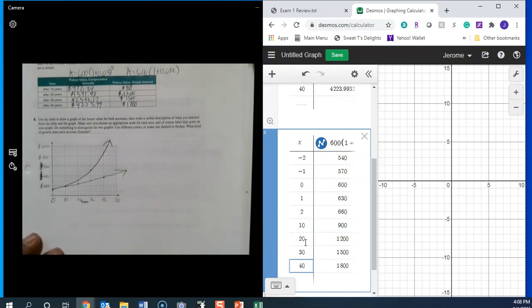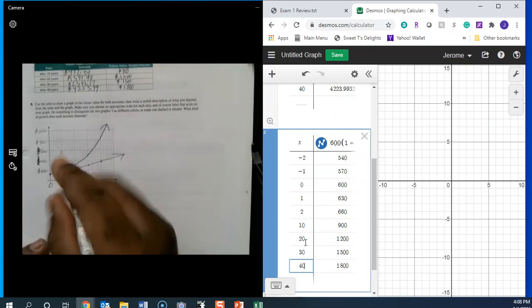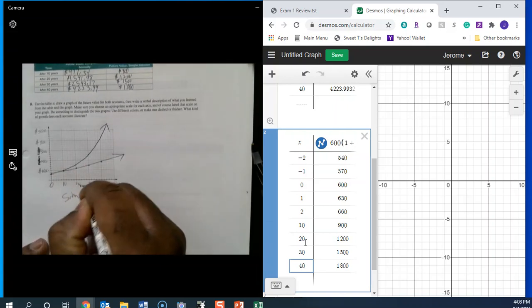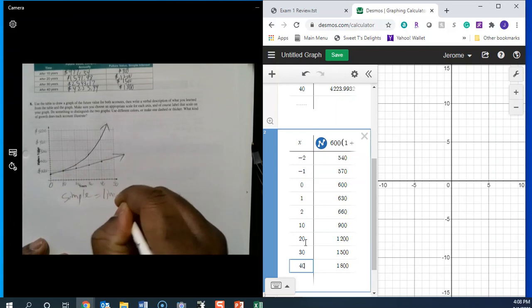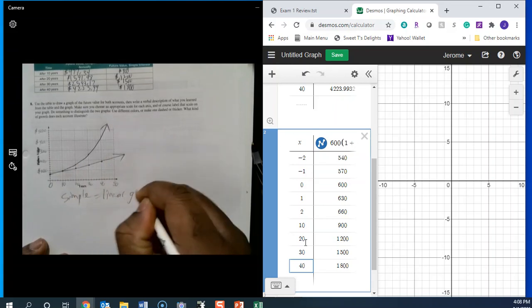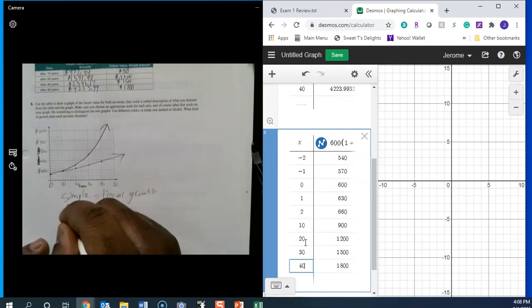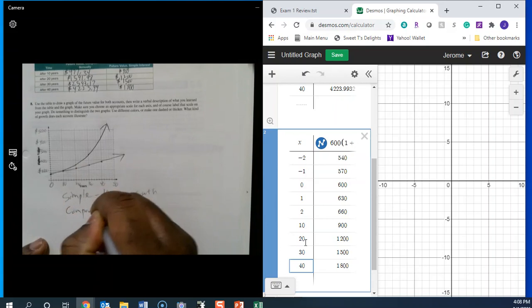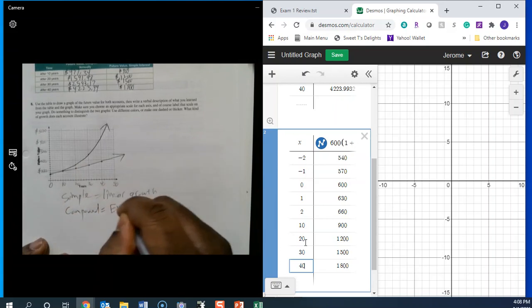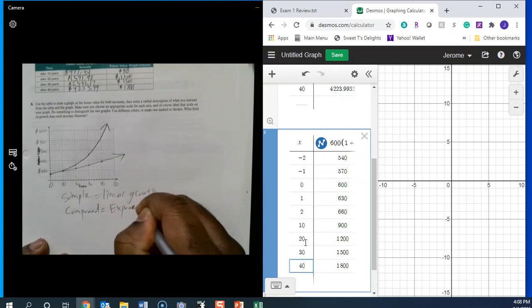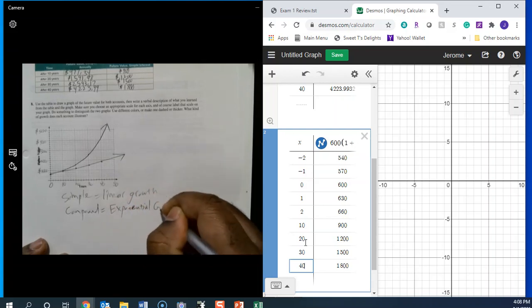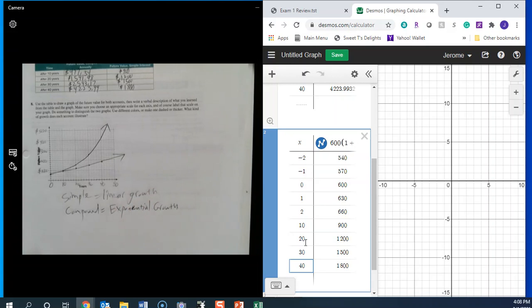So we could put down here that the simple is linear growth and the compound is equal to exponential growth. Okay, now we move on to page 221.